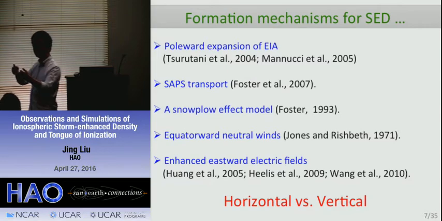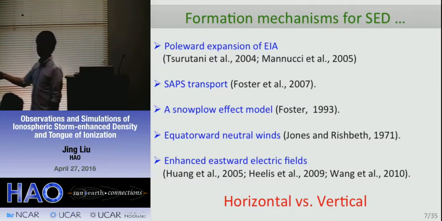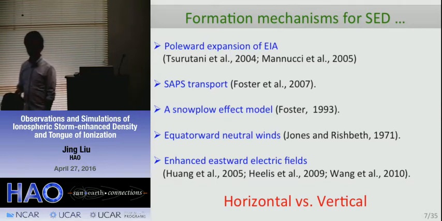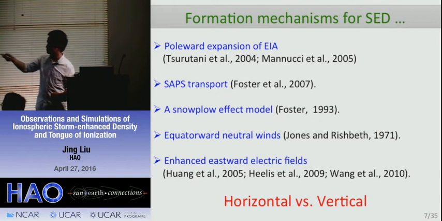And this then diffuses along the magnetic field line. But this one is locally enhanced. For example, at the mid latitude, just enhance the electric field. This is local. This is the equatorward, and then followed by the horizontal transportation.